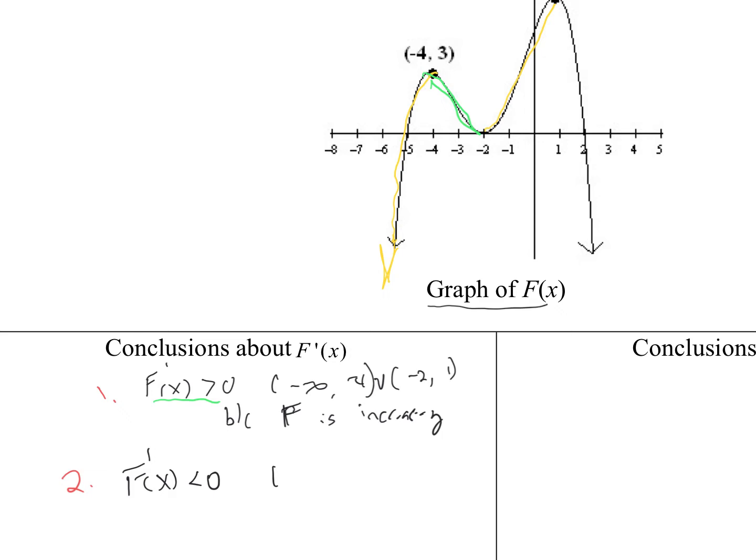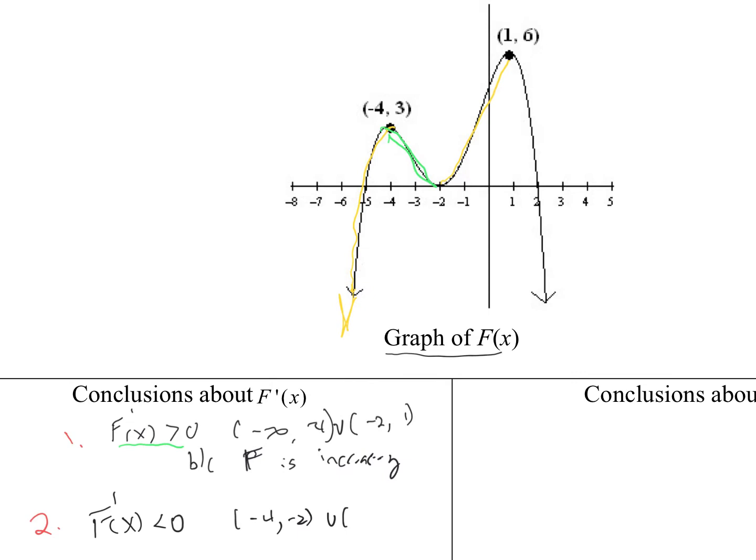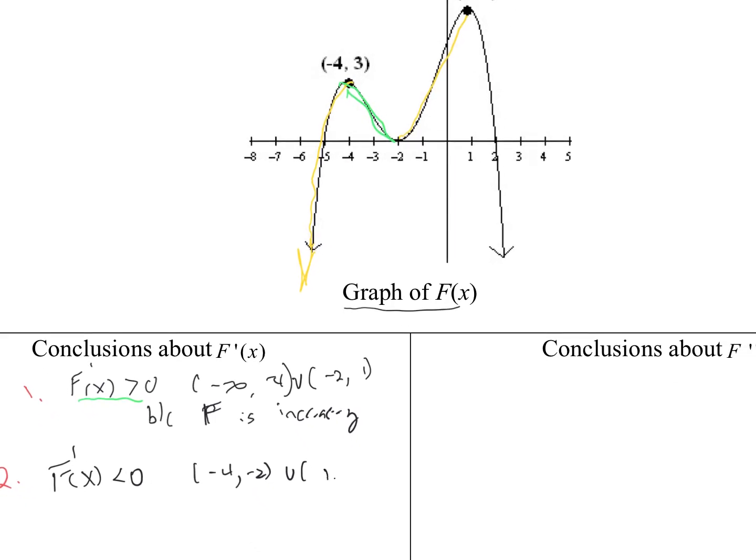That would be negative 4 to negative 2, union from 1 all the way to infinity. And why am I saying f? Because I'm only looking at f, so I should put it in terms of f. Why do I know this is true about f prime if all I'm looking at is f? Because f is decreasing.